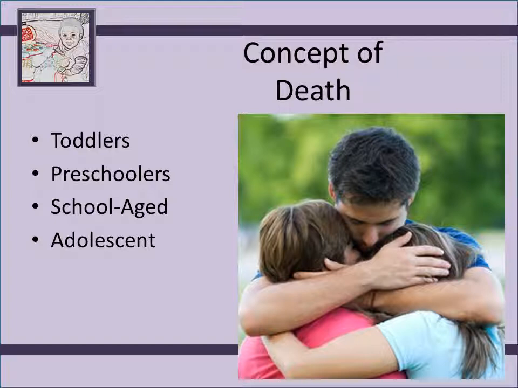The adolescent is able to logically understand death, that it's universal and permanent. They may have a fear of disfigurement and isolation from their peers. They have this complex of feeling invincible, that death will not happen to me, so it's often linked to risky behaviors. But adolescents are the ones that have the most difficult time in coping with death.